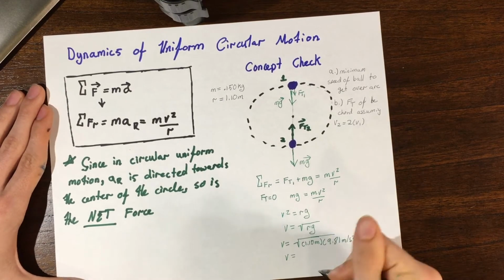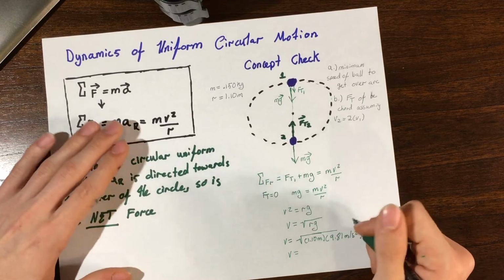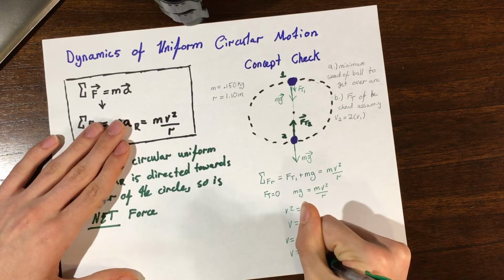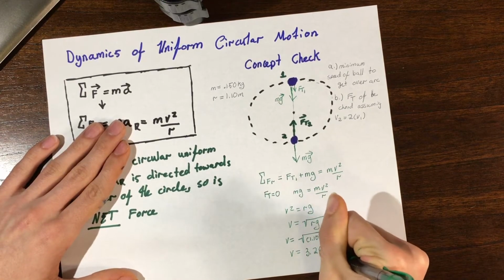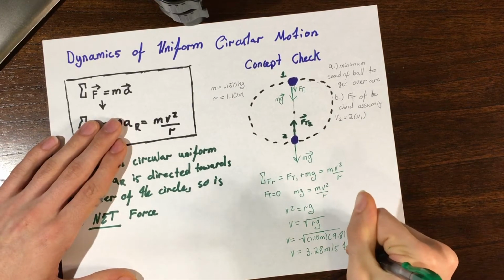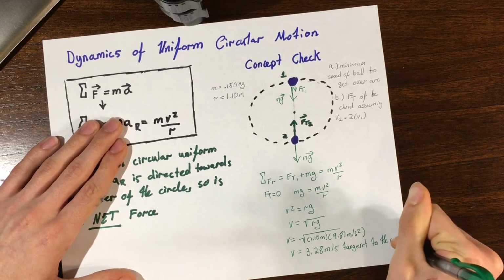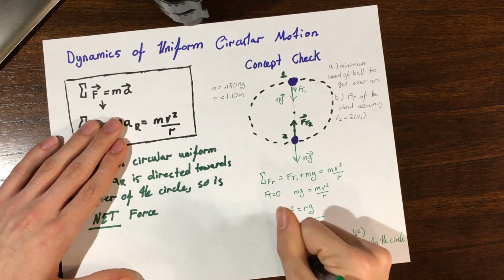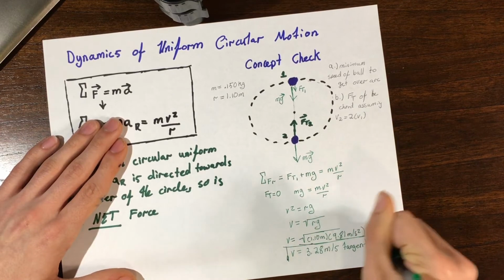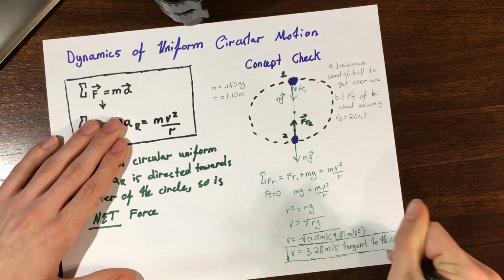Our velocity ends up being 3.28 meters per second, tangent to the circle. Since we are writing velocity, which is a vector, you must add the direction of the velocity.